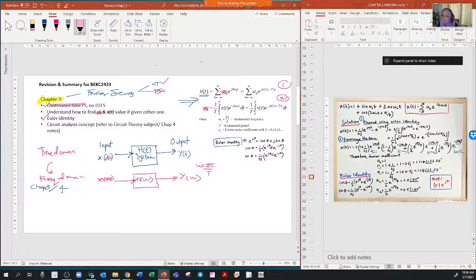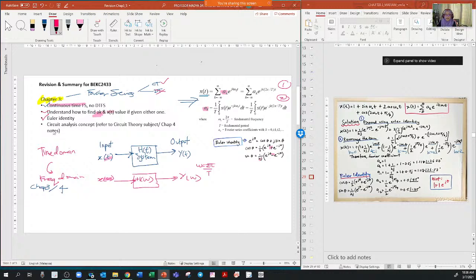So that's why a naught is this one, k equal to 0. So you have a naught equal to 1, a1 equal to the value here, and so on. This is where you can calculate this ak value. And Euler's identity is also important in the case of chapter 3.